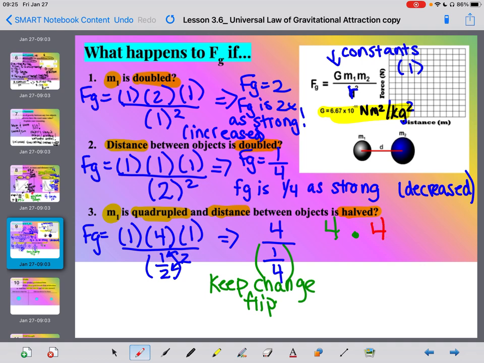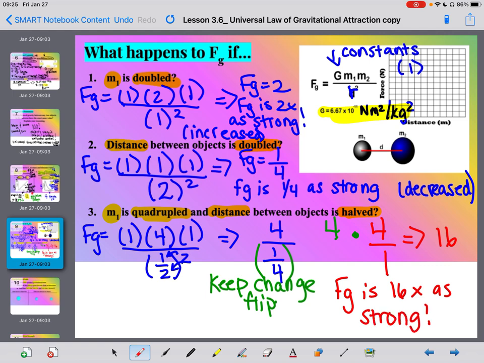So that's 4/1, and I multiply across and I get 16. What this tells me is that Fg is 16 times as strong. Again, you could do this right in your calculator. You don't have to do mental math with fractions. I don't expect you to. So the bottom one increased in magnitude compared to the original.